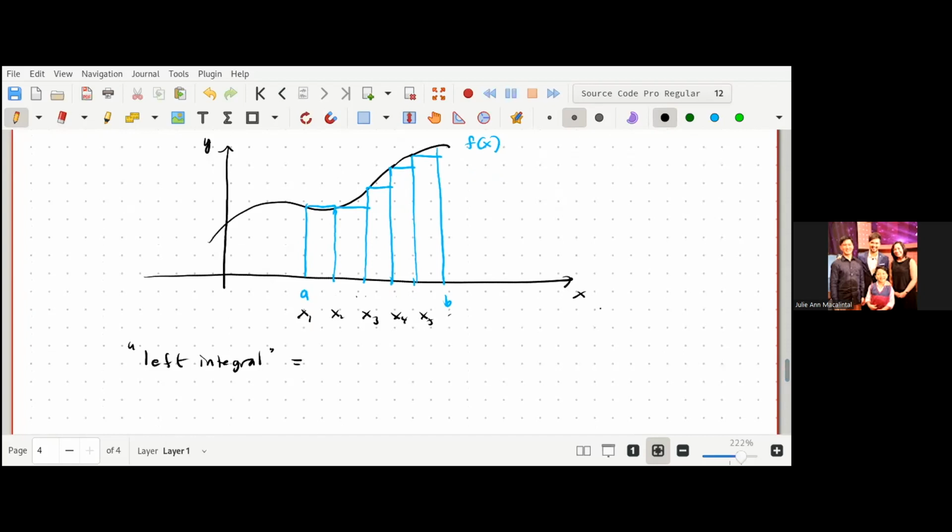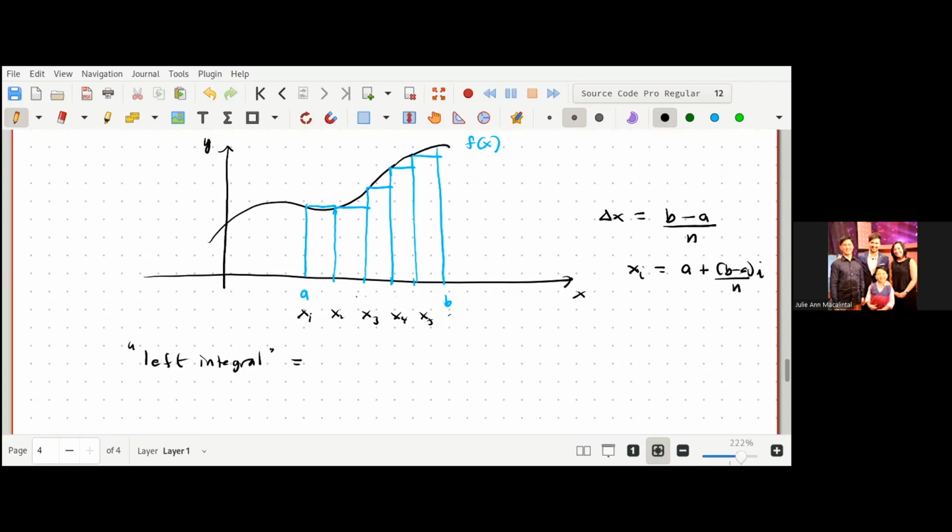Sum, so first, ano yung thickness? That's going to be b minus a over n. Yan yung number of intervals. Ngayon, ano yung xi? Xi is going to be, gusto natin mag-start siya sa a, plus the interval b minus a over n times i.